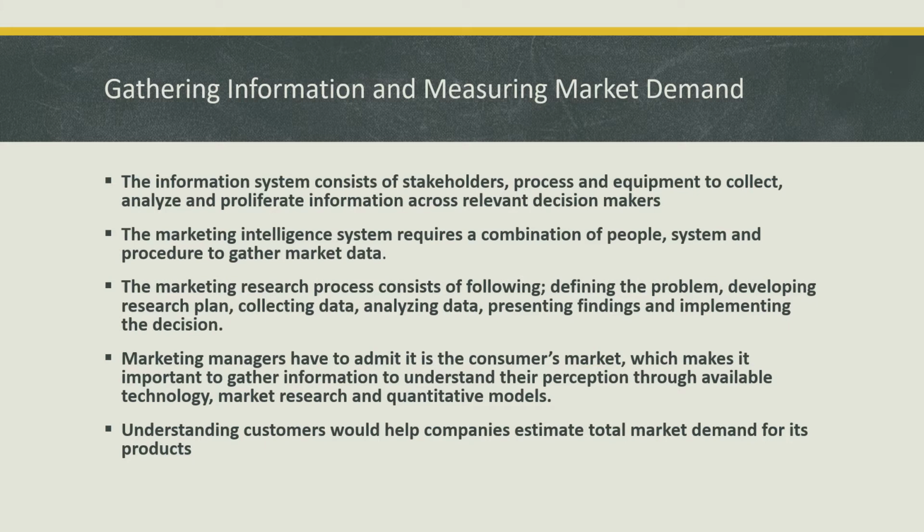If the marketing intelligence system reports any issue or emerging trend in the market, then further analysis is done through marketing research. Marketing research consists of following steps like defining the problem, developing research plan, collecting data, analyzing data, presenting findings, and implementing the decisions. Let's see about the marketing research in a separate video in detail.